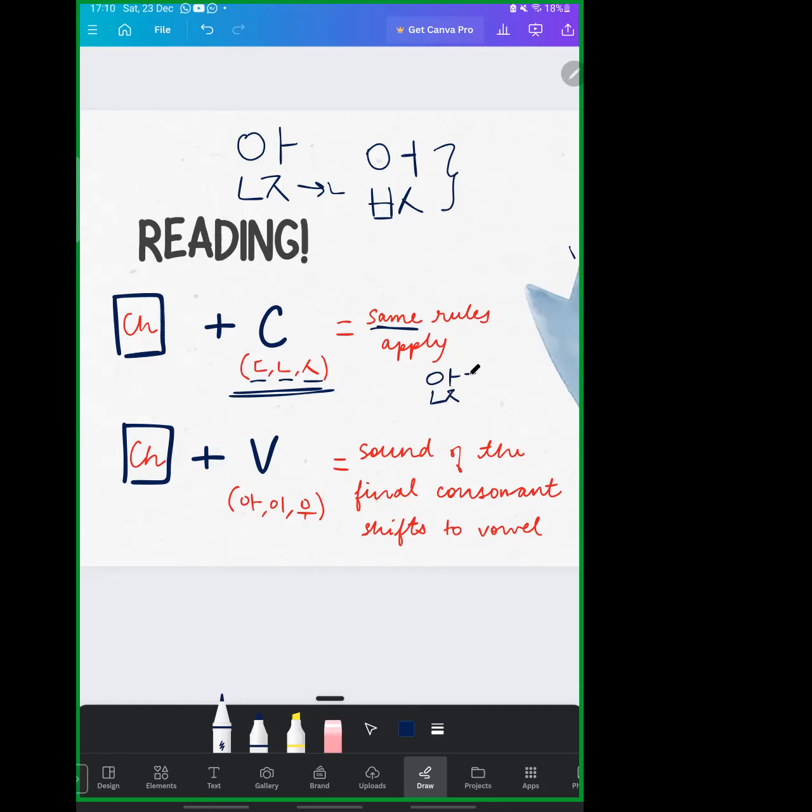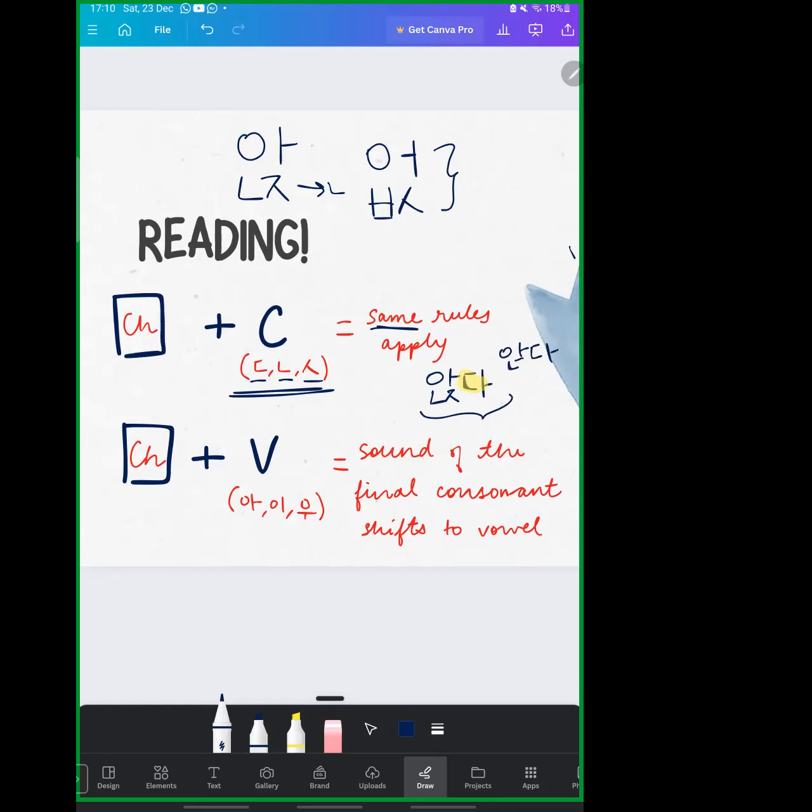Now, if this is joined with a consonant, you see this part here is a consonant, right? So this as a whole will be pronounced as antha.